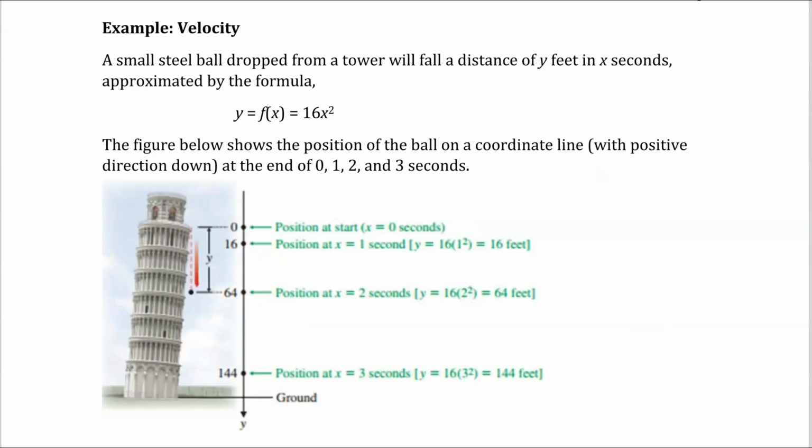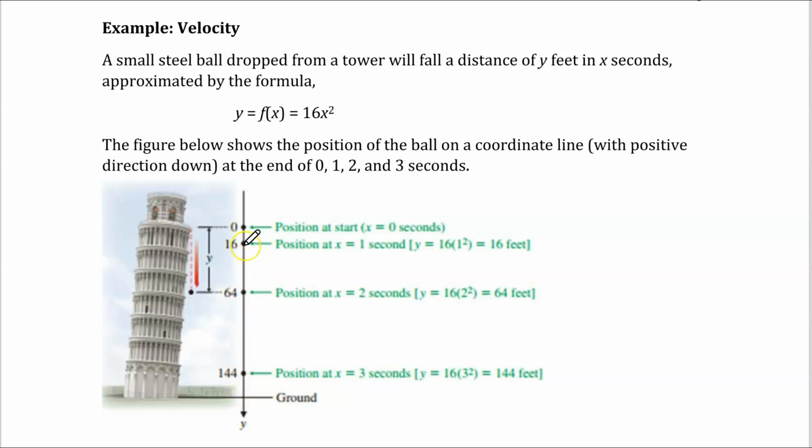Consider another example. A small steel ball dropped from a tower will fall a distance of y feet in x seconds. This is approximated by the formula y equals f of x equals 16x squared. The figure here shows the position of the ball on a coordinate line with positive direction down.